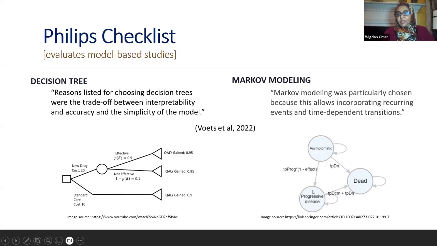And then from progressive, there is a possibility to recover and become asymptomatic or progress to death. And of course, if you're dead, you can't progress the other way around. It was particularly chosen because this allows incorporating recurring events and time-dependent transitions.